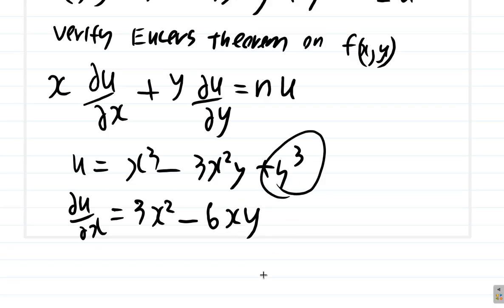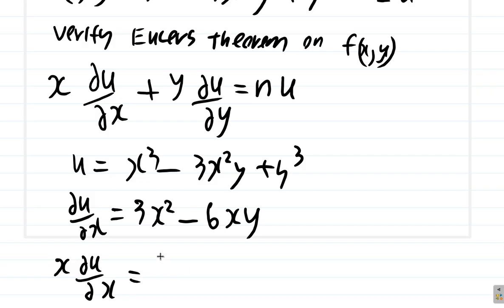This part goes to 0 because this is just a constant. We are treating y as if it is a constant for now. After that, multiply by x. You have x delta u by delta x is equal to, this is going to be 3x cubed minus 6x squared y.